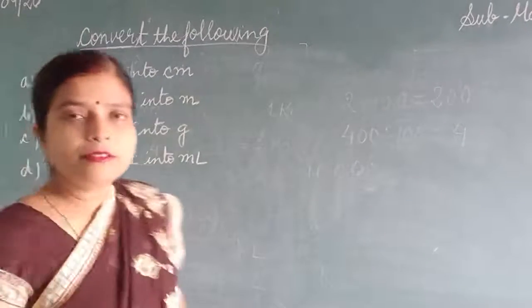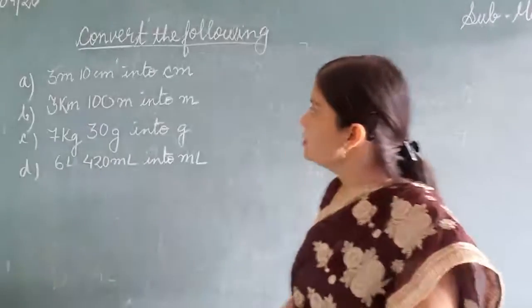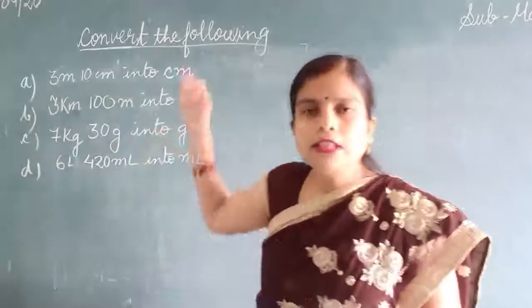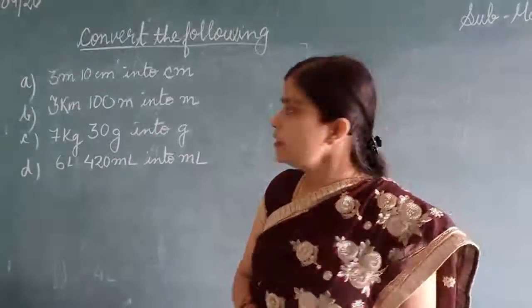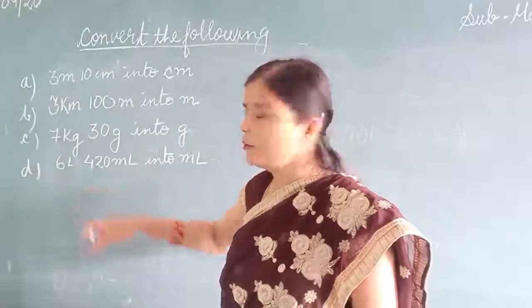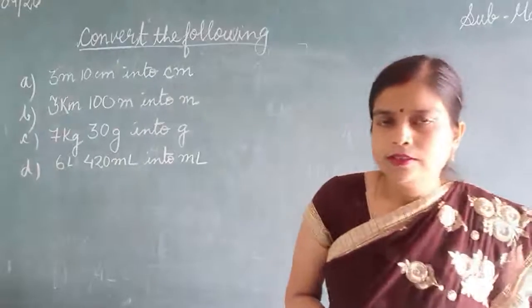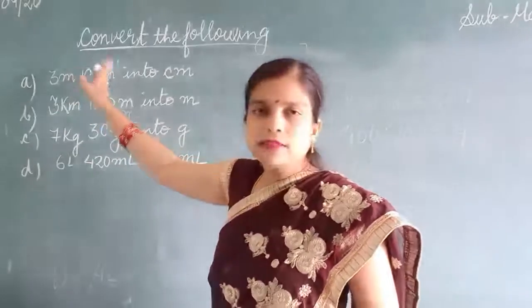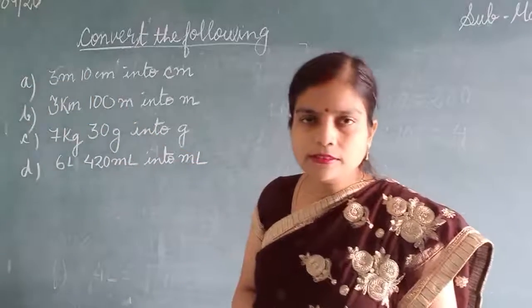So for this type of problem, we only have to convert the bigger unit, because 10 centimeter is already in centimeter. No need to do anything with this 10 centimeter, 100 meter, 30 gram or 420. After converting to centimeter, we will add this centimeter to that centimeter.